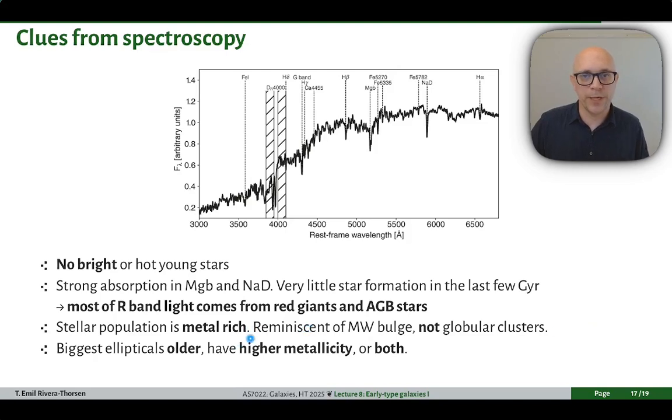So a little bit reminiscent of the Milky Way bulge or a typical spiral galaxy bulge, but not reminiscent of globular clusters, which are very metal poor typically. And finally, again, as we saw before, the biggest elliptical galaxies are older. They have higher metallicities, or more likely, actually, both of these.